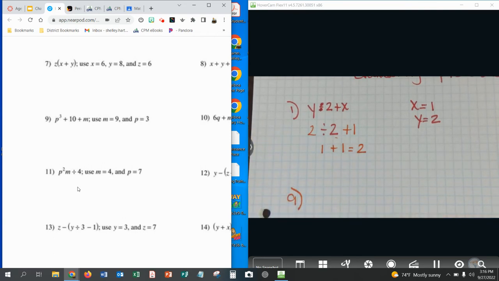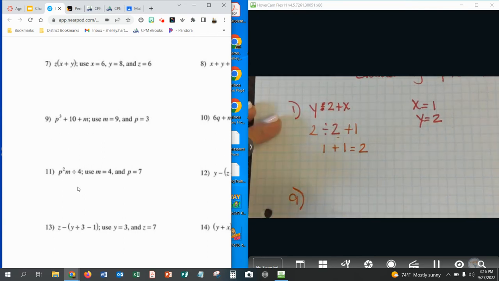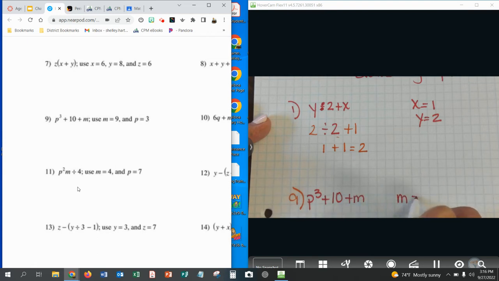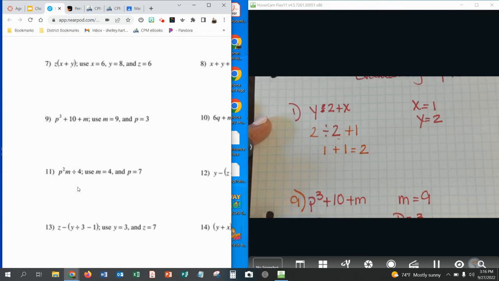Since we're going to be doing a lot of these. 9 is p to the third power plus 10 plus m. M equals 9, and then p equals 3. So we're going to plug in p equals 3, so 3 to the third power plus 10 plus 9.